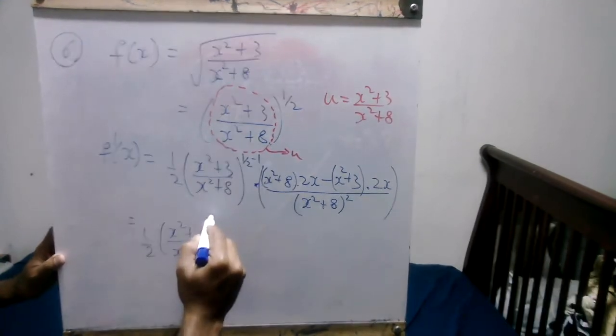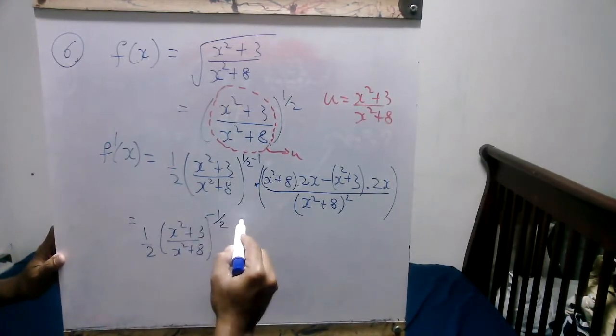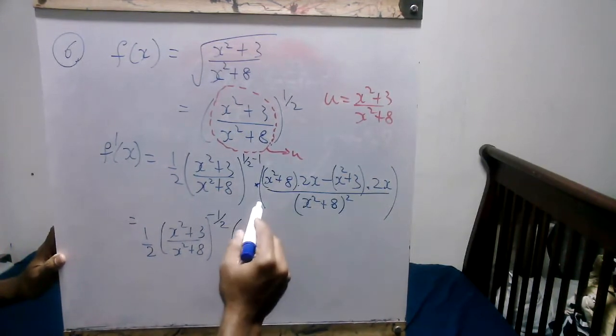Half minus 1 is negative 1/2. Distribute.